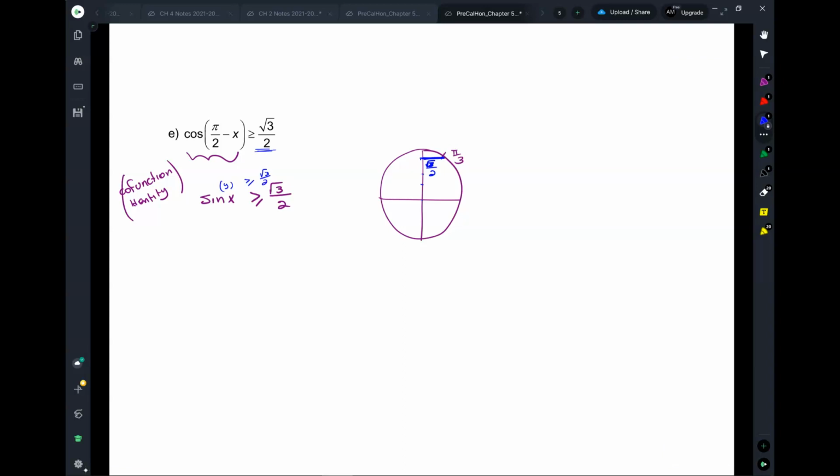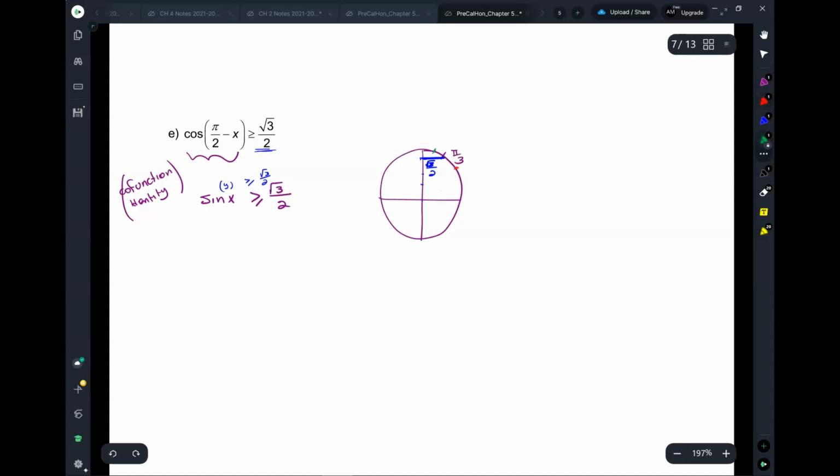So from here, if I move down and I have an angle here, like pi over 4, am I going in the right direction? Is that a point where y is greater than root 3 over 2? It's not. I went in the wrong direction. Got to go in the other direction.